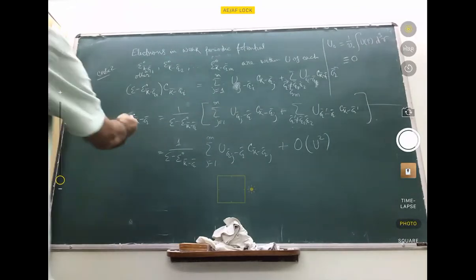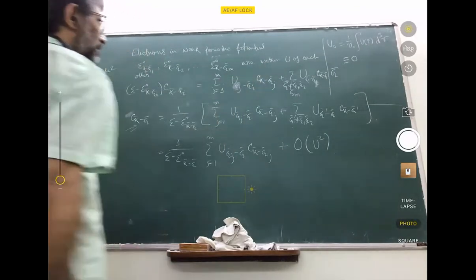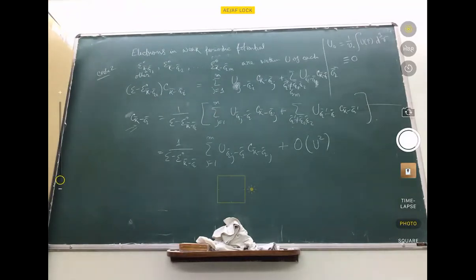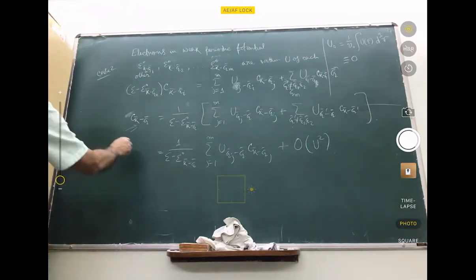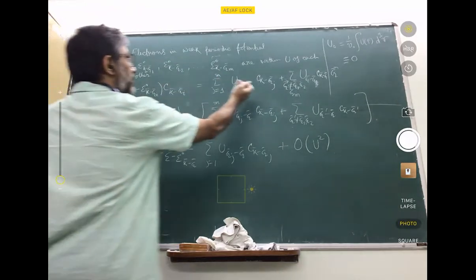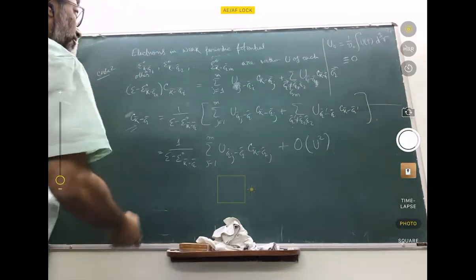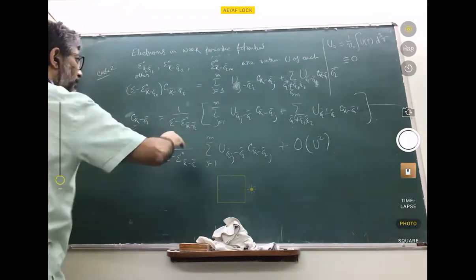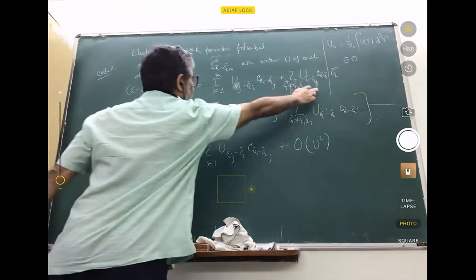And then I can plug this thing into there, and some terms will be order u cubed, so I can neglect that. So basically, then what I'm focusing on, let's say I write the leading order term. So if I plug this Ck minus G into this, okay, so this is plugged into that.